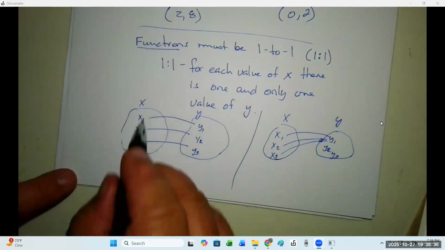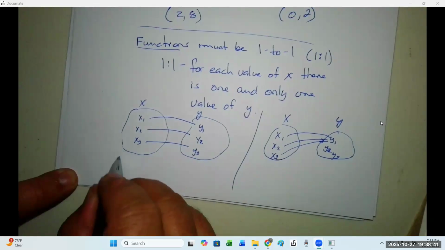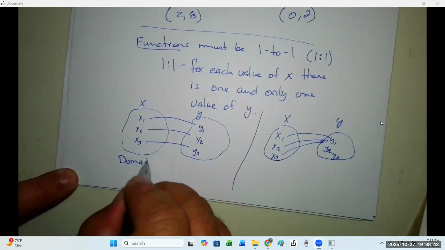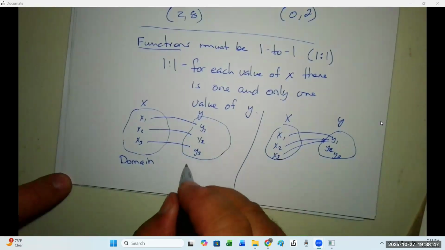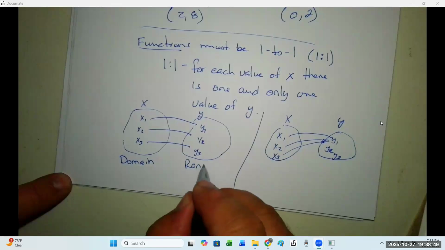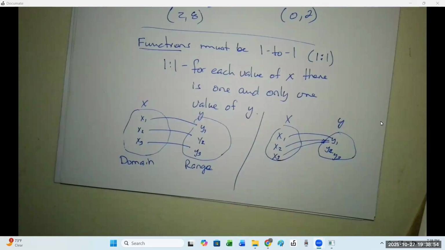Well, let me give you these names also. The values from the x's, we call the domain. The values of the y, we call the range. So we're using those terms a lot. X's and Y's, ranges, domains.